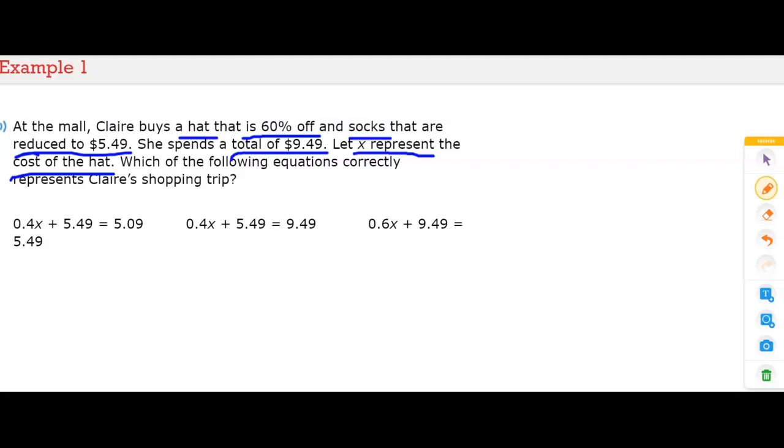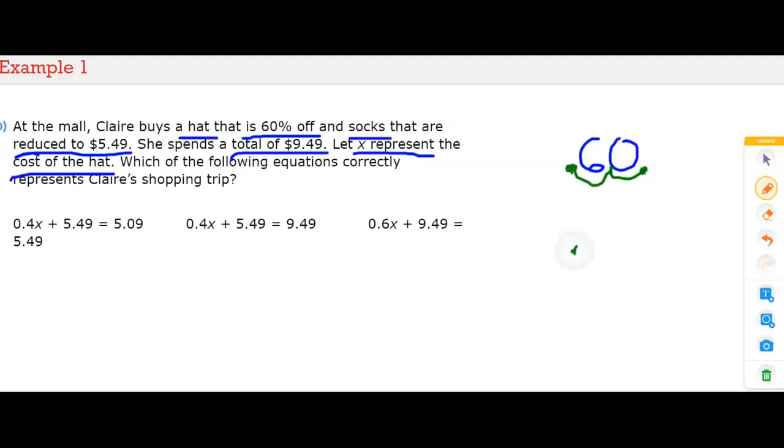So if we look at 60%, we need to make it into a decimal. Okay, so whenever you have a percentage, the easiest way to make it a decimal is by putting a decimal at the end and moving it to the left 2 spaces.